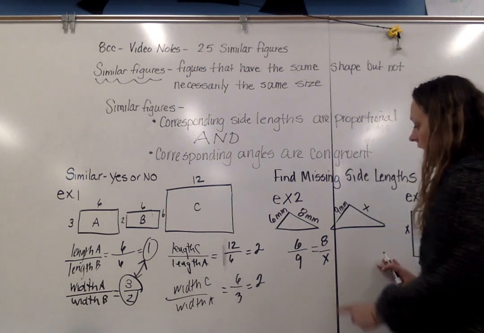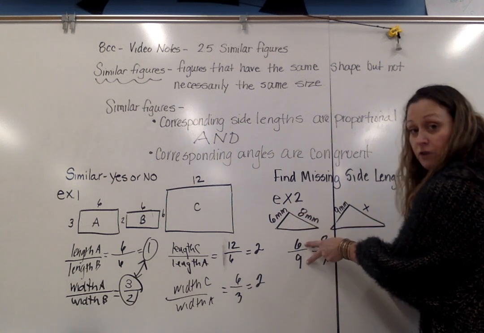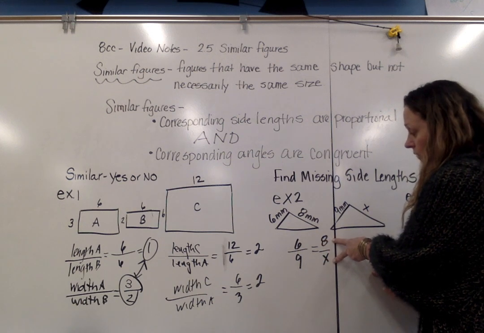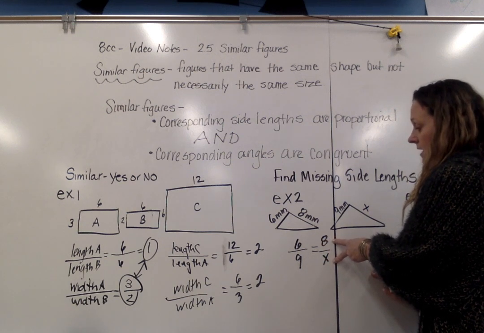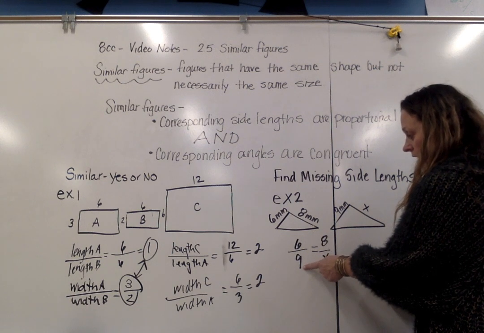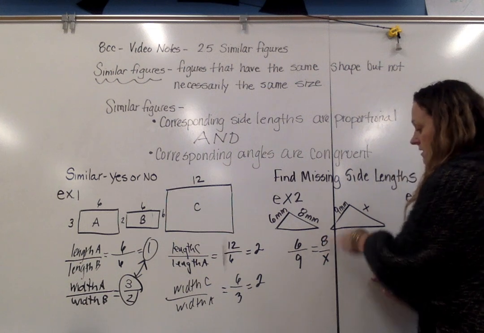Now, as you notice, I'm using corresponding sides as the first part of my ratio and corresponding sides as the second part of my ratio. In doing that, I'm making sure I'm saying first one, second one, first one, second one. I need to be consistent.